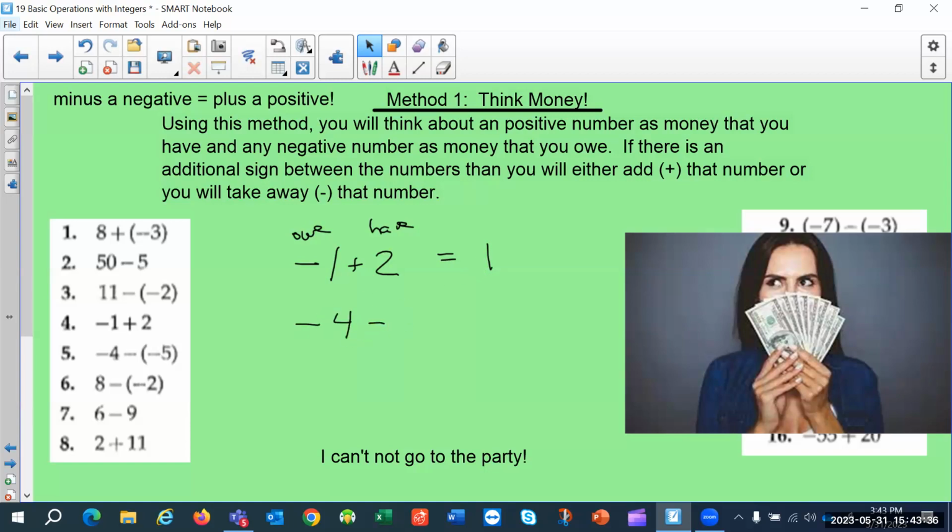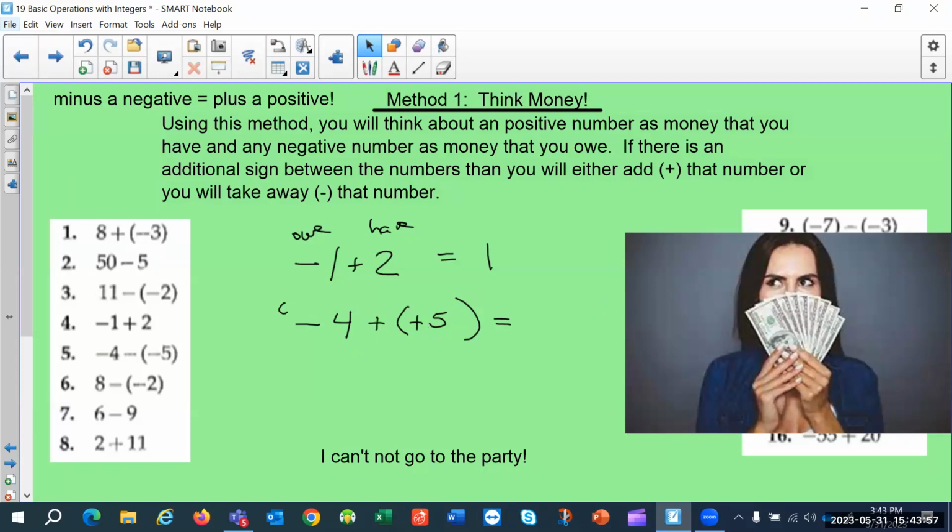-4 minus -5. Now you're being tested. What's the very first thing you should do as soon as you see this minus a negative? That's right. As soon as you see minus a negative, it equals plus a positive. You're going to change that to plus positive.